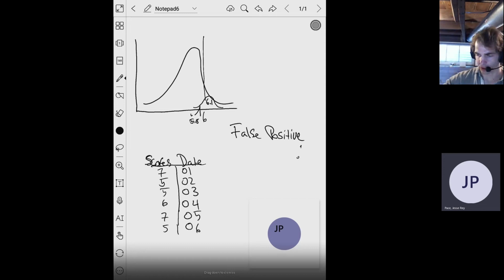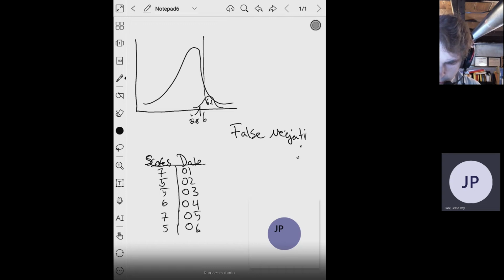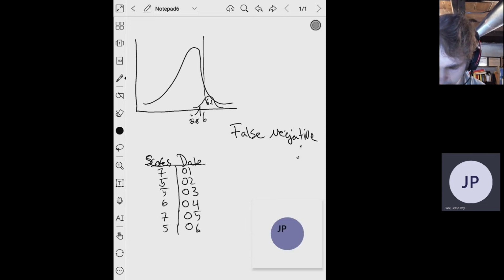But if we observe them multiple more times, we would learn that they were supposed to have passed. Point being that this person, who we may arbitrarily fail, is a false negative, right? Someone who should not have failed and yet did.